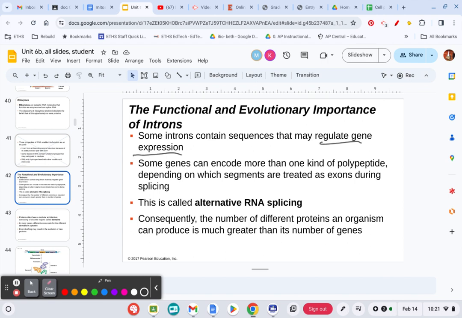So those regions could be made into proteins, and what they do is they come back to the mRNA or to the DNA to either turn on, make it easier for that gene to be expressed, or to turn it off to make it harder for that gene to be expressed. And we'll talk about that probably into next week when we get to gene regulation.